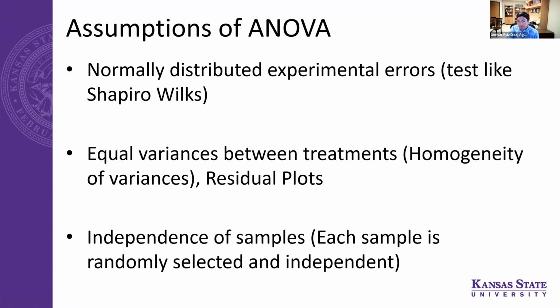If we do have some issues such as data is not normally distributed, then we need to look at other analysis. And we're going to look a little bit more into that. The last time we did this workshop a few years ago, we did have several students who were dealing with non-normally distributed data. A lot of that tends to be like runoff data from the field, for example.